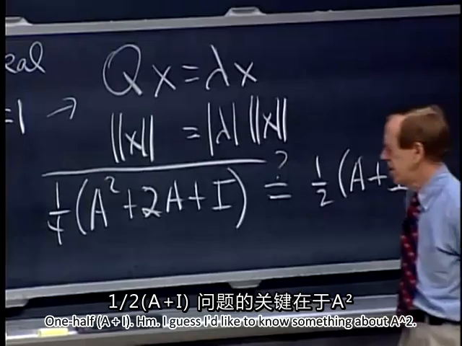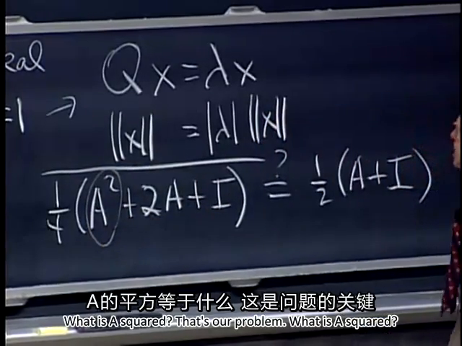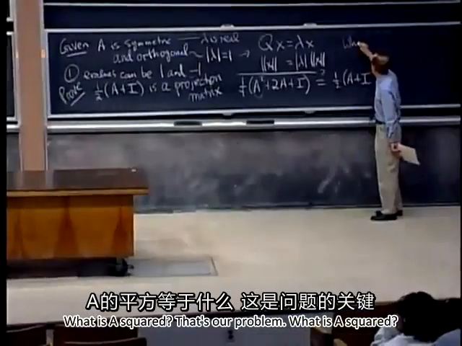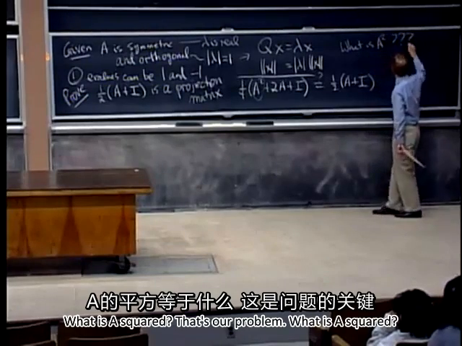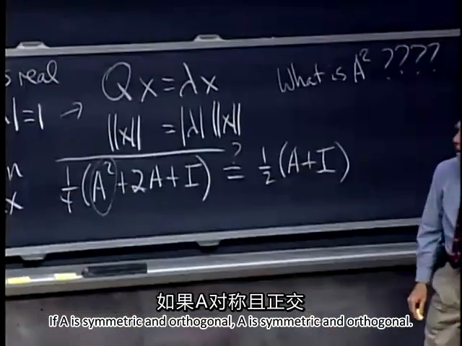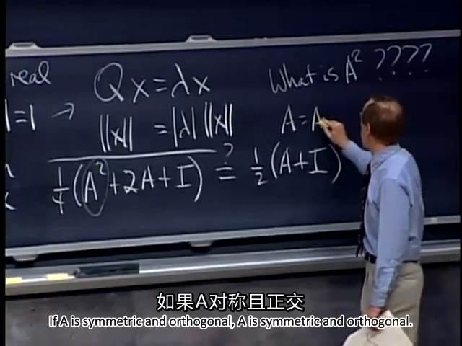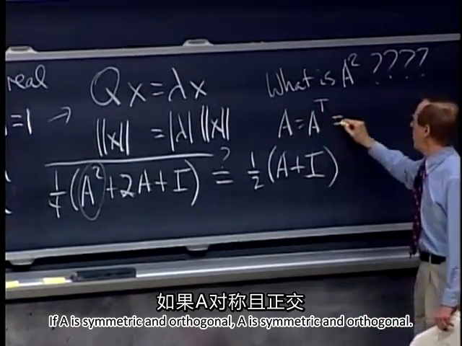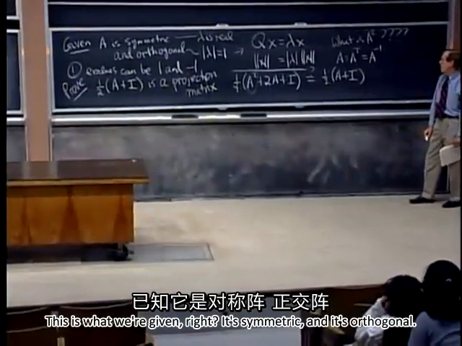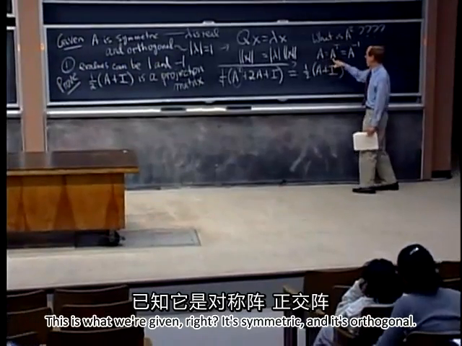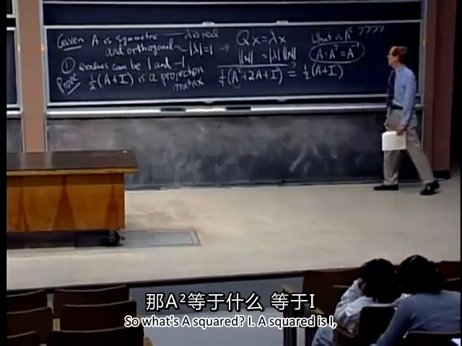I guess I'd like to know something about A squared. What is A squared? That's our problem. If A is symmetric and orthogonal, this is what we're given, right? It's symmetric and it's orthogonal. So what's A squared?